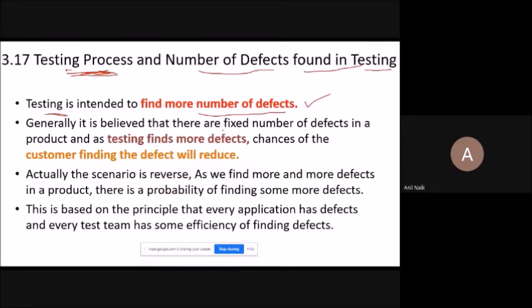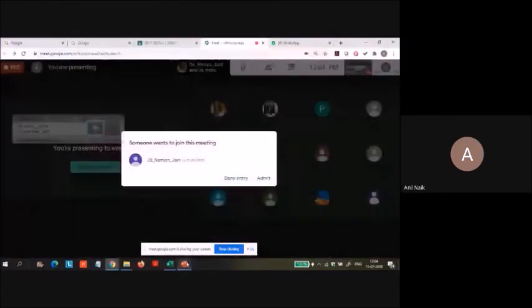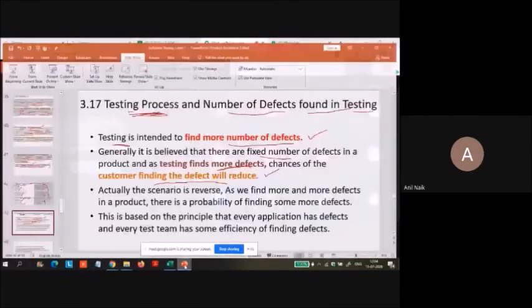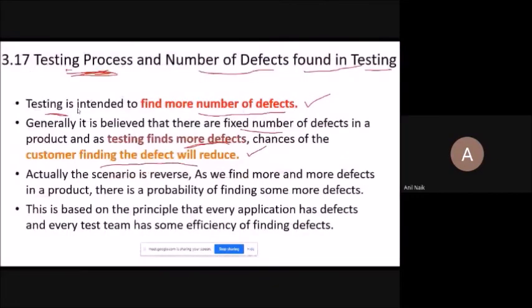Generally, it is believed that there is a fixed number of defects in a product, and as testing finds more defects, the chances of the customer finding defects will reduce.